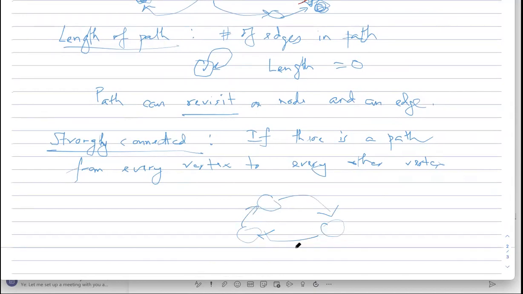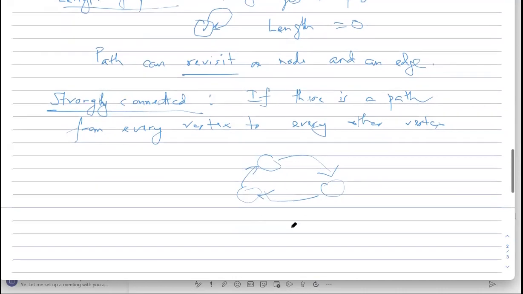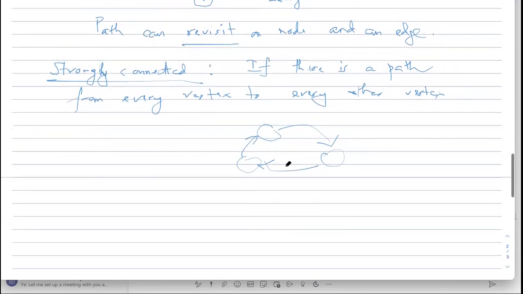Take any vertex here. It's possible to go from one vertex to another. So therefore, this is a strongly connected region. Typically the strongly connected region turns out to be a loop. And in the case of an undirected graph, the strongly connected graph is simply called connected.